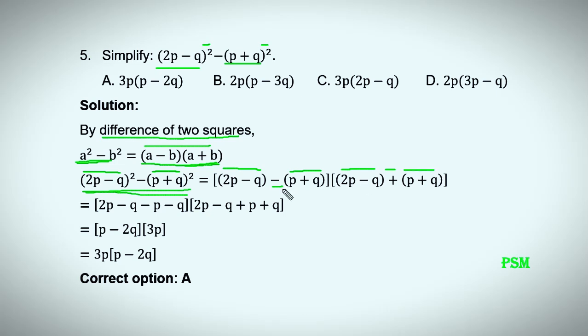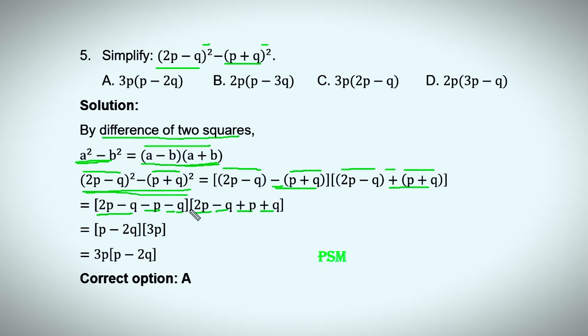Let's open the bracket from here using the minus sign. You have 2p minus q minus p. Minus times plus is minus, then you have q. You also open the bracket from here precisely using the plus sign. You have 2p minus q plus p plus q.